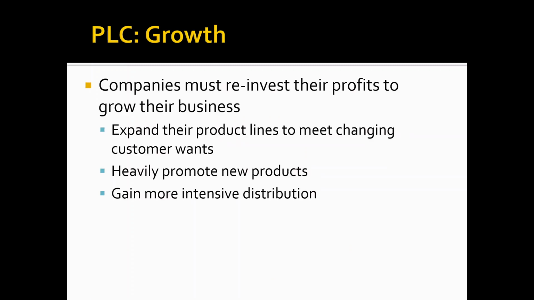However, with all this growth and competition, companies often have to reinvest their profits into the business, right? They have to grow their business. So they have to expand product lines, increase distribution, heavily promote their products, and spend a lot of money on marketing communications.